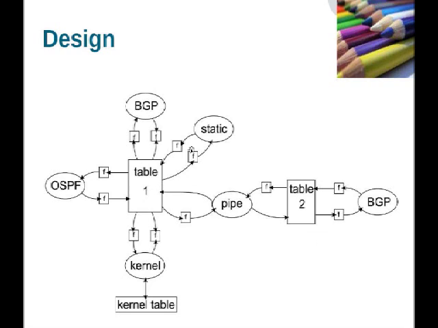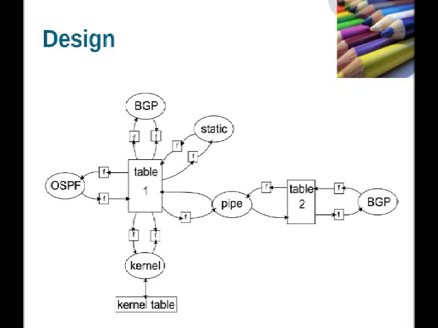Perfect. This is, for example, a typical routing daemon, as can be, for example, Quagga, very easily configured. You have BGP, OSPF, some static routes in that. Everything is connected to a single routing table, and then it's synchronized to the kernel, to the operating system's routing table.